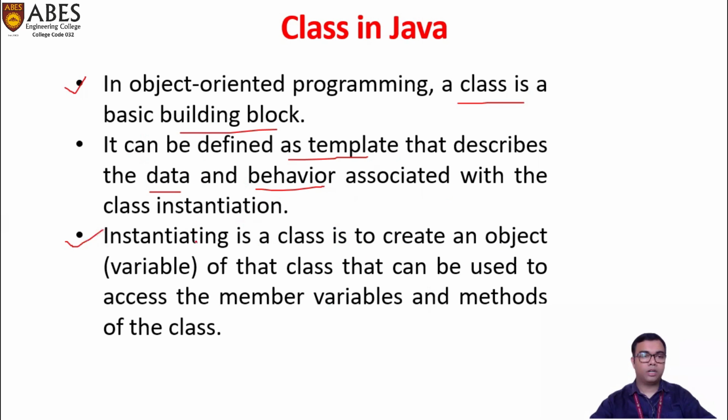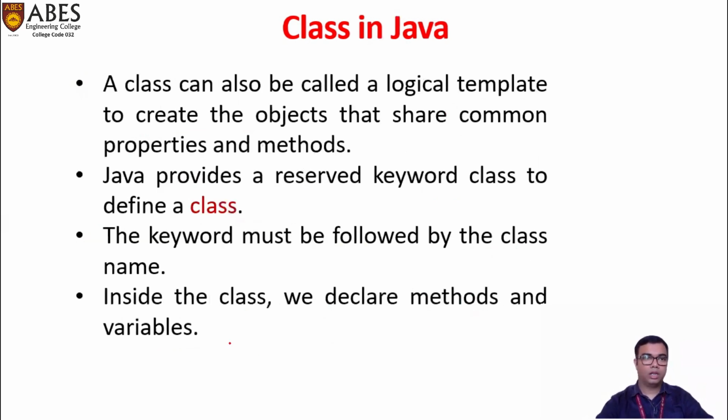After creating a class, we have to instantiate it. So we have to create an object by creating an instance with the help of the new keyword. Next, we have to access the member variables and the methods of the class. How can we do this? We can also see it with the help of a simple program.